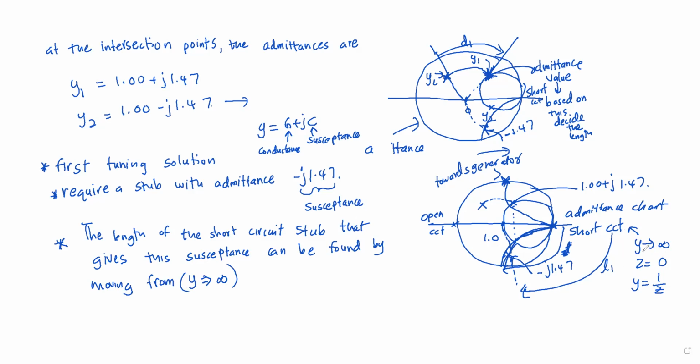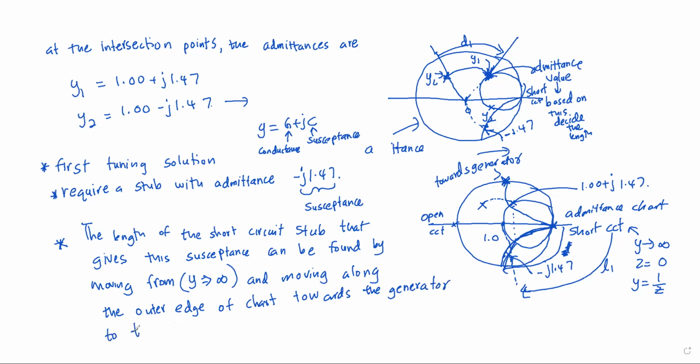So y reaches infinity there. From the infinity point, move along the outer edge of the chart towards the generator, to the intersecting point of minus 1.47 j and the outer circle of the Smith chart.